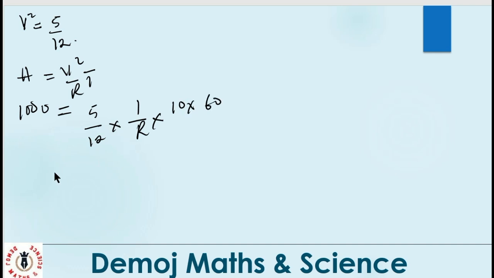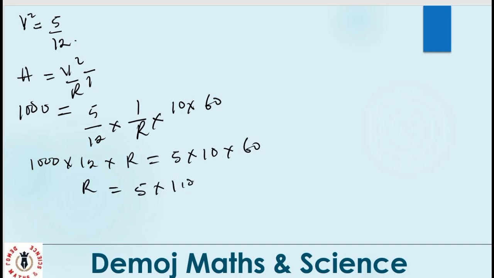Now I can multiply so that 1000 times 12 times R is the same thing as 5 times 10 times 60. So that R will be the same thing as 5 times 10 times 60 over 1000 times 12.